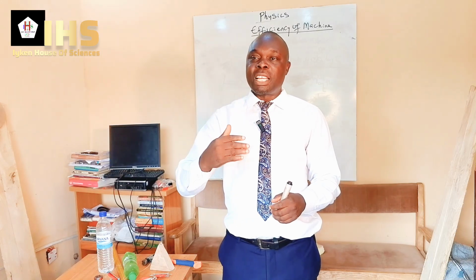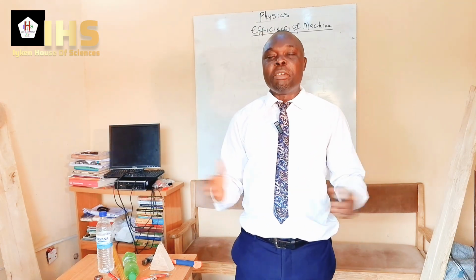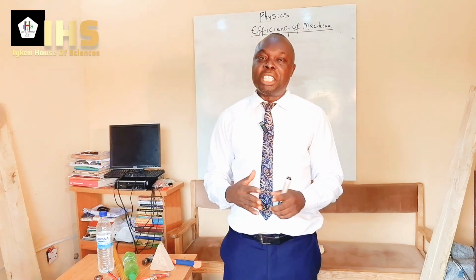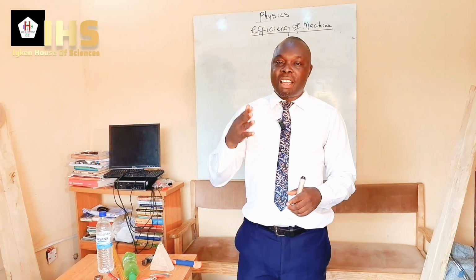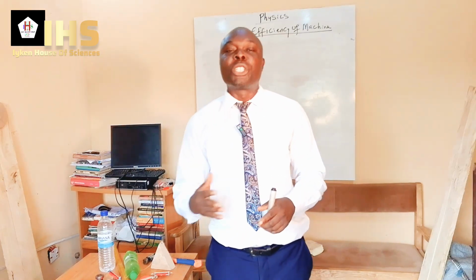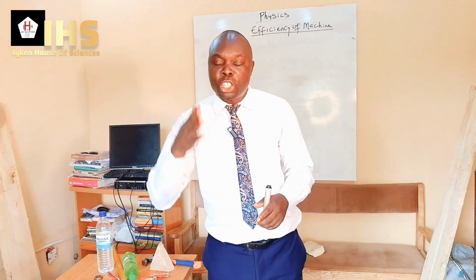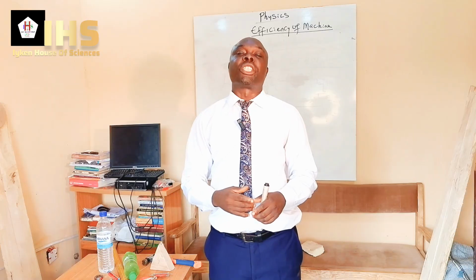But there was something I told you about in our previous class, an ideal machine. An ideal machine is a machine that is not affected by friction. On such a machine, the work done by the machine is equal to the work done on that machine.